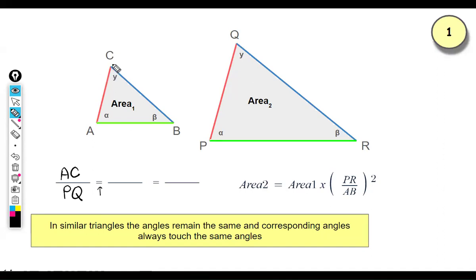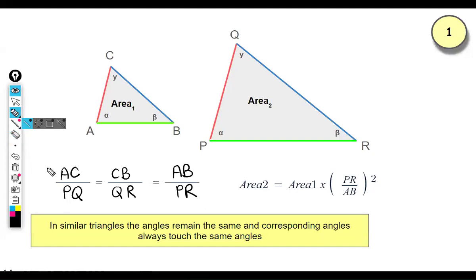So if I take CB and divide it by its corresponding side, which is QR, both divisions will give you the same exact value. It's like magic. And if you do the same thing for the green side, if you take AB and divide it by its corresponding side, which is PR, all of these divisions will give you the same exact value.